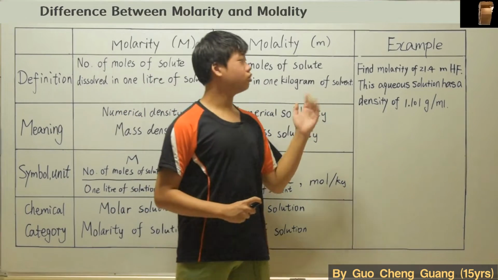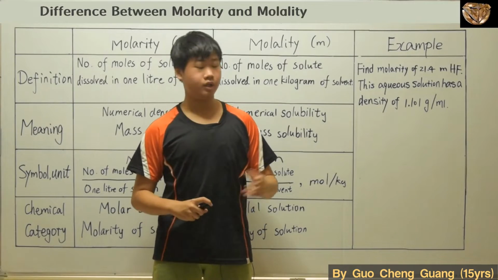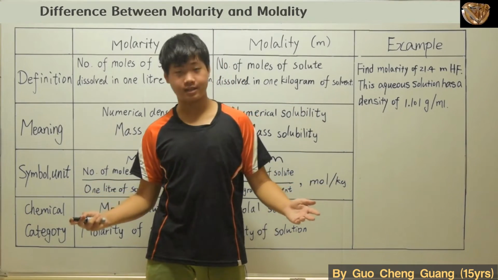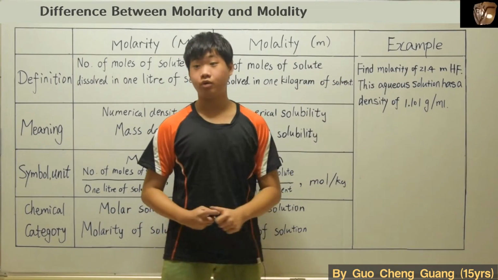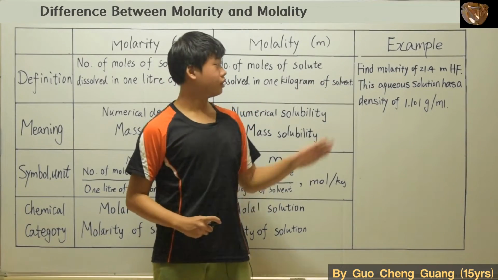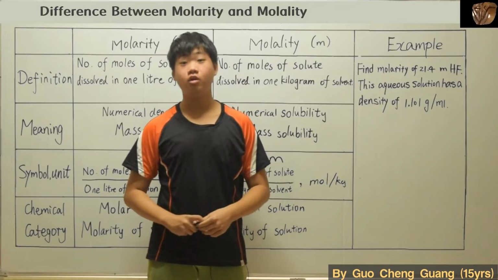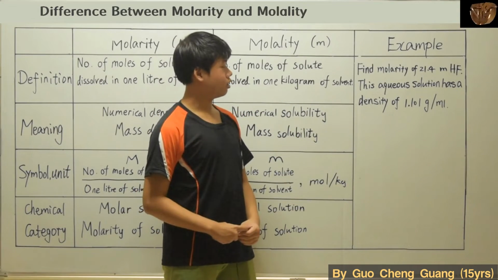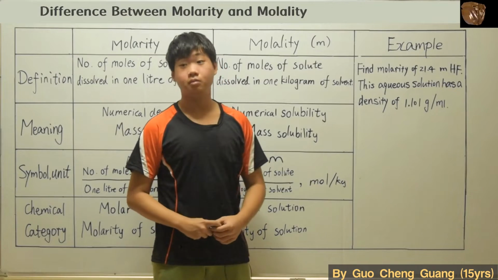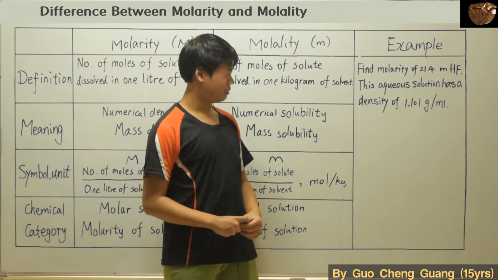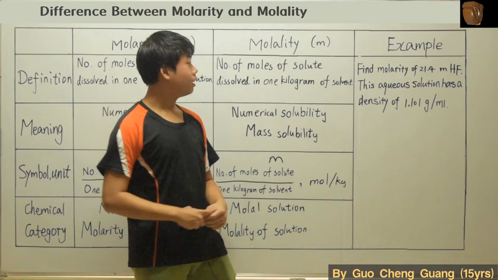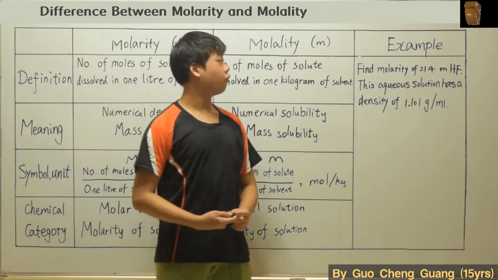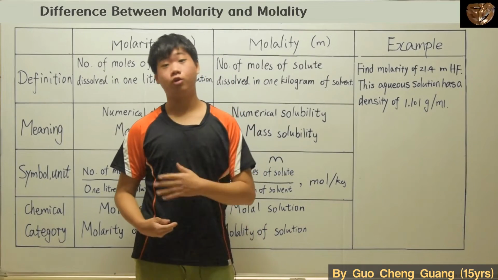You might know 2 different ways to say it, whether it's hydrogen fluoride or hydrofluoric acid. But in this case, it is hydrogen fluoride. This aqueous solution has a density of 1.101 gram per milliliter, okay? So now you might be wondering, why is it hydrogen fluoride instead of hydrofluoric acid?